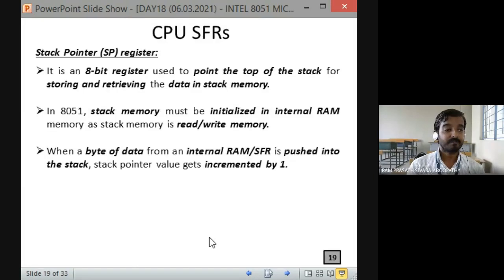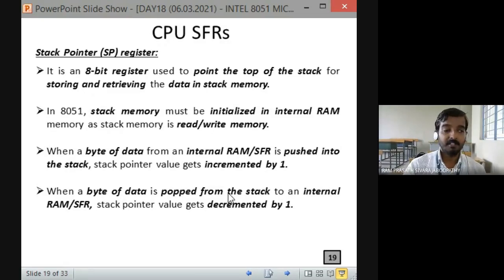When a byte of data from internal RAM or SFR is pushed into the stack, the stack pointer value gets incremented by 1. Fine? Correct? So that's why it is called an ascending stack. Now, when data is inserted into the stack, the stack pointer gets incremented by 1, whereas in 8085 it is decremented.